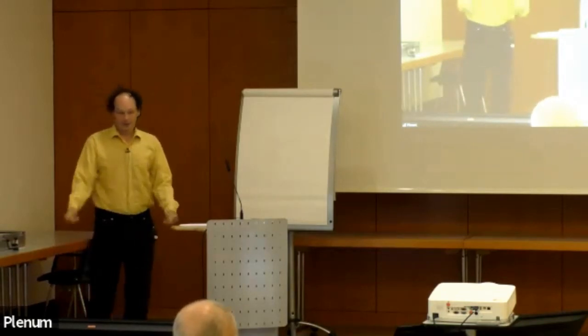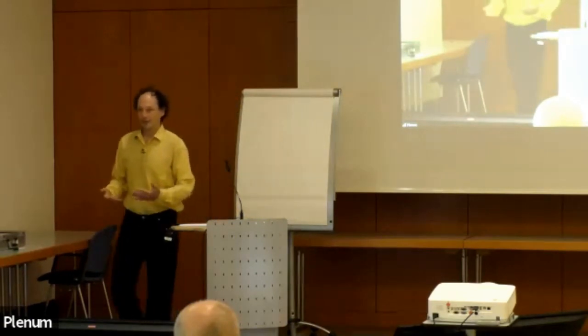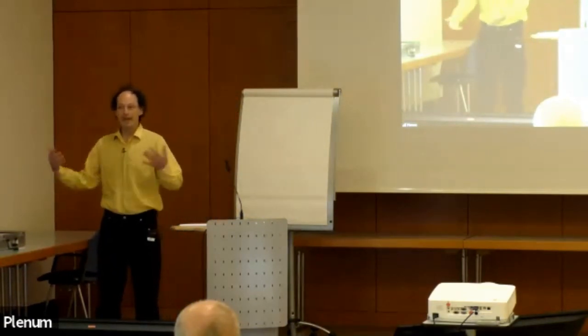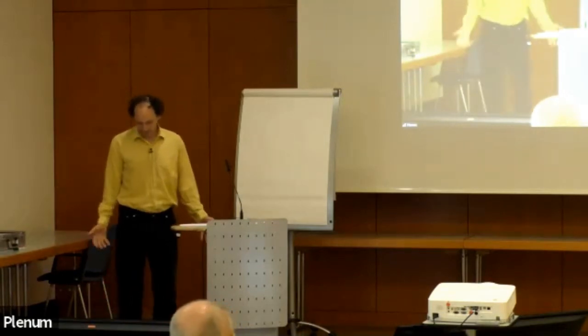So you write down a certain number of rules, you prove that certain rules are admissible, and you have the free object at hand.